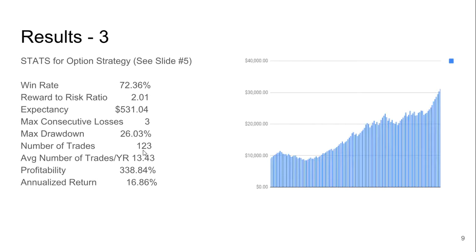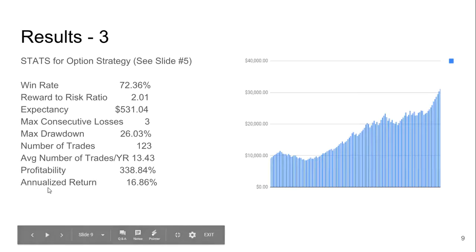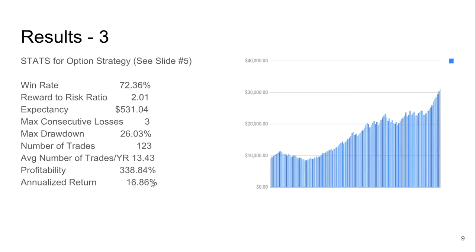You may say, well, 123 divided by 10 is not 13.43. That's true, but if you remember what I said earlier, we didn't even enter the market until mid-2009, and so that makes this number a little bit higher than 12. The profitability was 338%, and the annualized return was just under 17%.